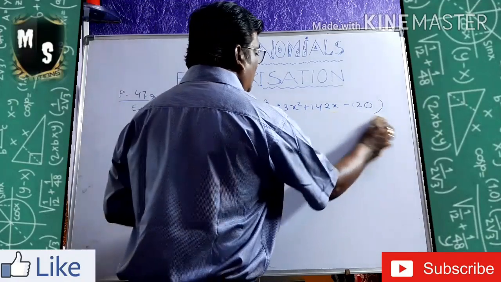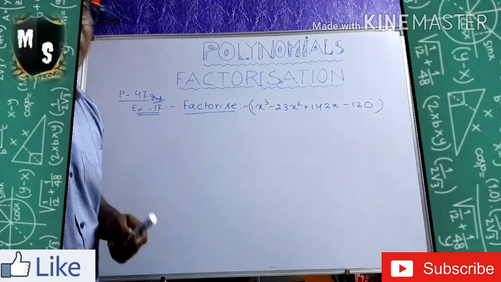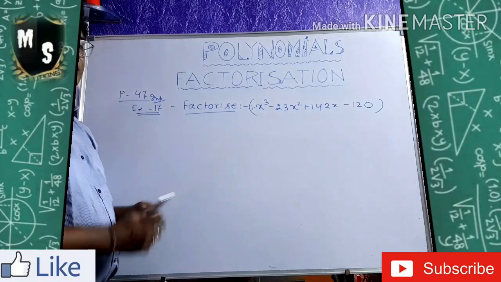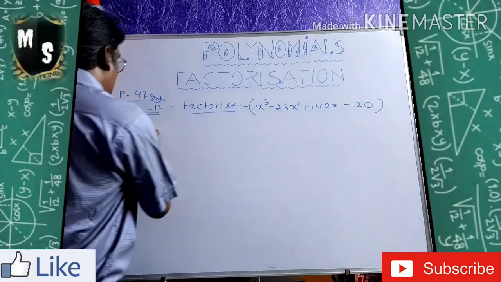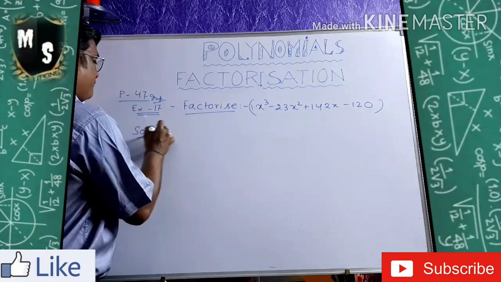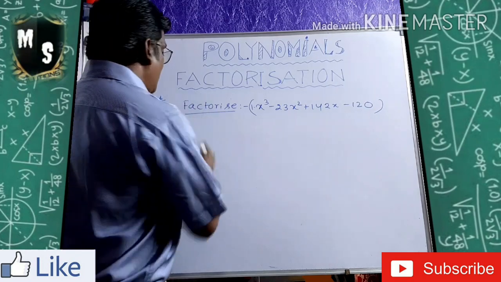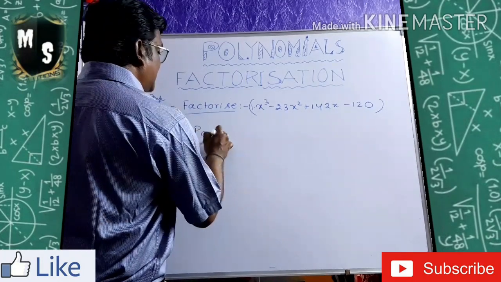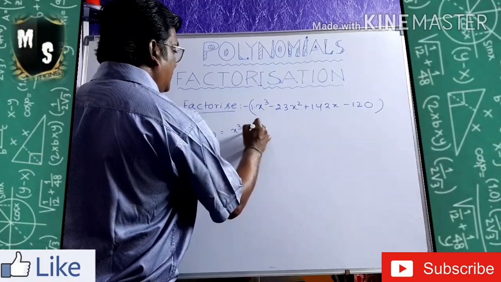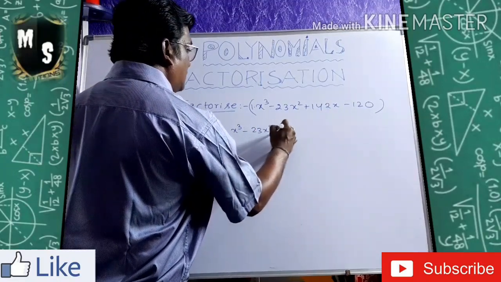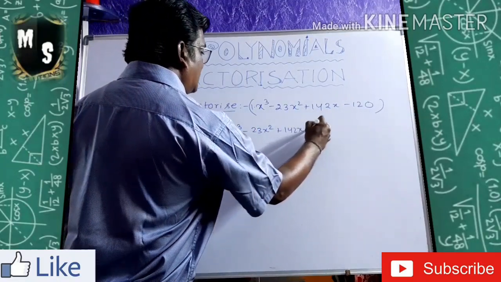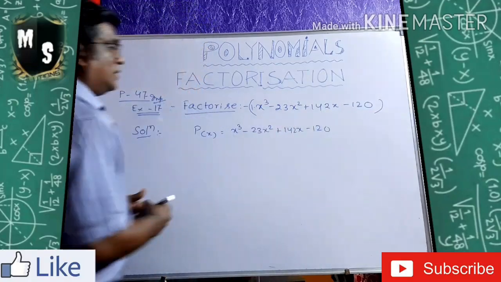Now let's go for the factorization of this. When this type of polynomial is with you, how to start? First of all, you have to write your polynomial, that is p(x) equal to x cube minus 23x square plus 142x minus 120. Understood now?